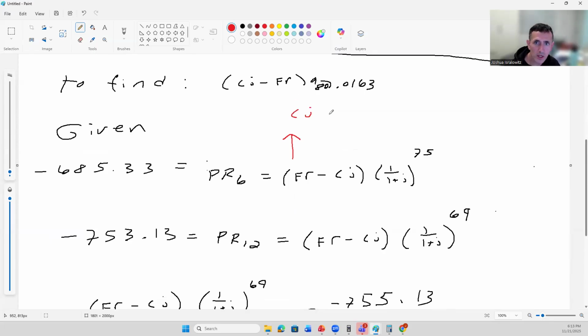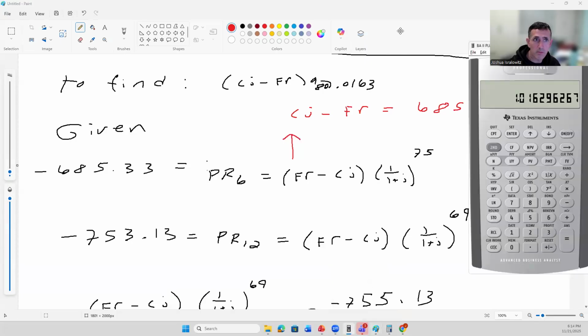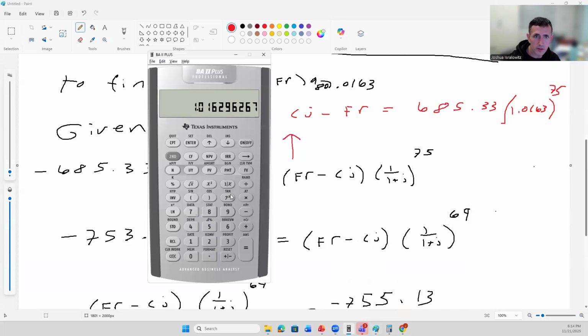So CJ minus FR equals 685.33 times 1.0163 to the 75, just multiplying by this here. Let's see what that is. 2303.